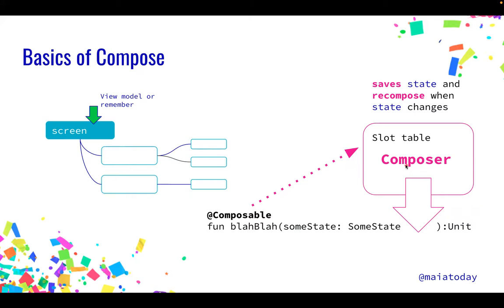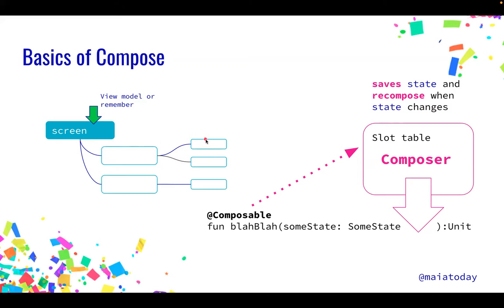And what this composer is, it's like an object that has a data structure called a slot table, and it knows what the code looks like inside your function. It also knows the state, and it has some other parameters here to know if the state has changed. So it can see, okay, state changed over here, but no state changed here or here or here. And this composer knows then which of these functions to call again if there's a state change.